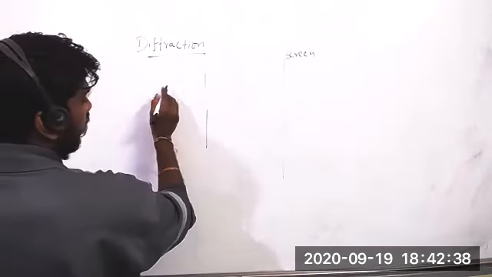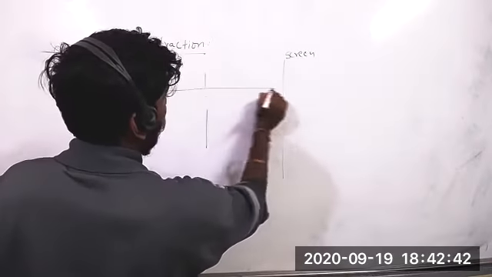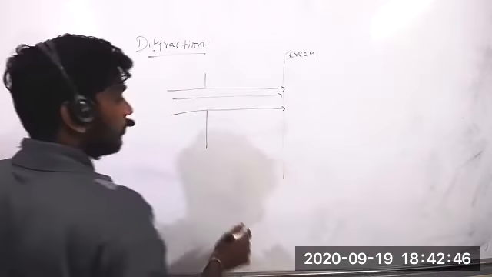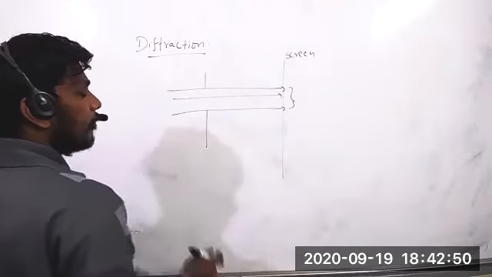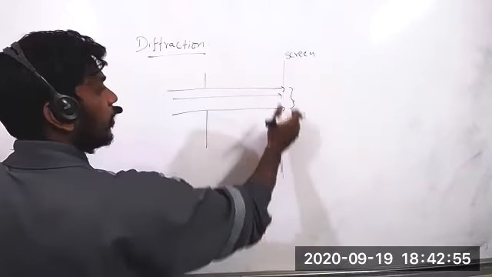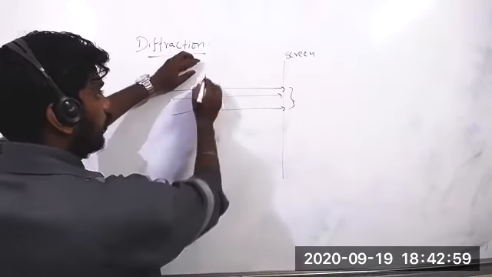When light is coming from the source and traveling in a straight line, light will pass like that. That is the bright fringe, the bright region. And these are called dark patches, like shadows of the opaque objects.